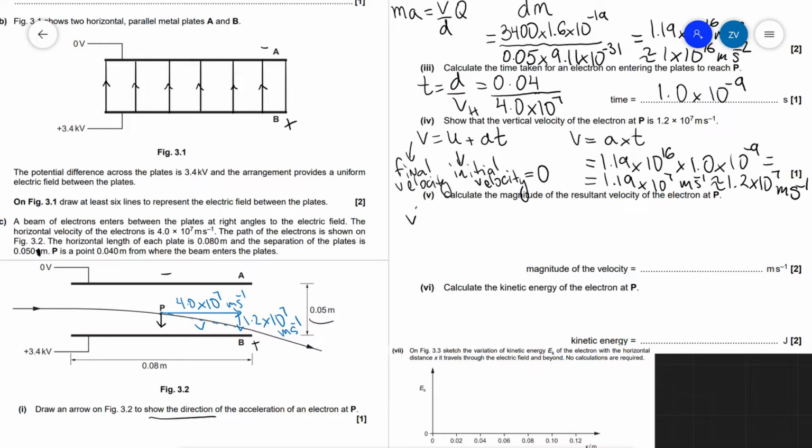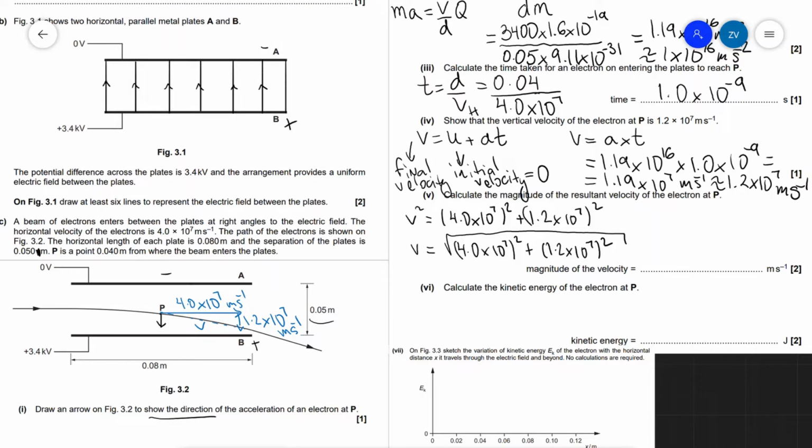So v squared is going to equal 4.0 times 10 to the 7 squared plus 1.2 times 10 to the power of 7, all of this is squared, and remember that we need to square root this expression, so v will be equal to the square root of (4.0 times 10 to the power of 7) squared, plus (1.2 times 10 to the power of 7) squared.